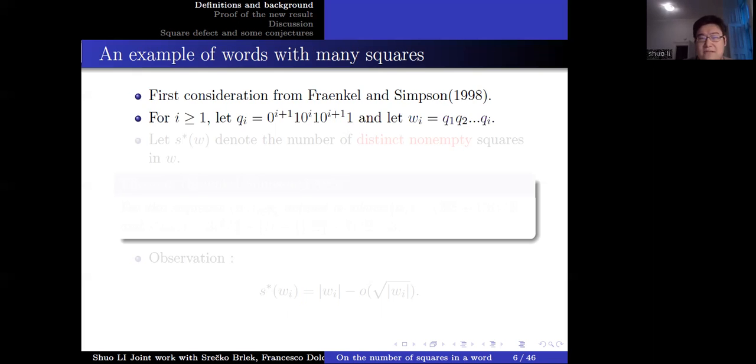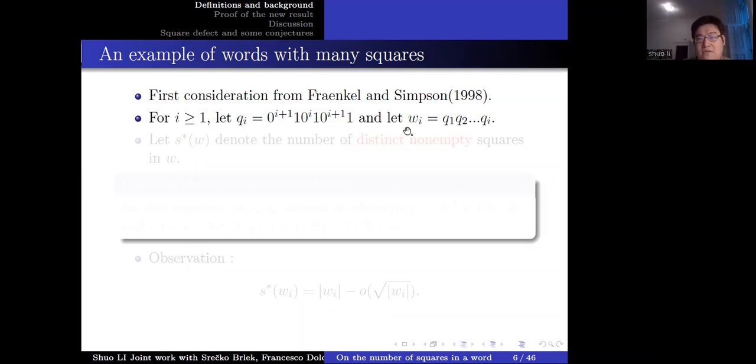First of all, they define the sequence Q_i by this formula, where 0 to the power i means there exist i consecutive zeros appearing in the string. If we take i equals 1, Q_1 would be 0, 0, 1, 0, 1, 0, 0, 1. If we take i equals 2, the string will be 0, 0, 0, 1, 0, 0, 1, 0, 0, 0, 1, etc.